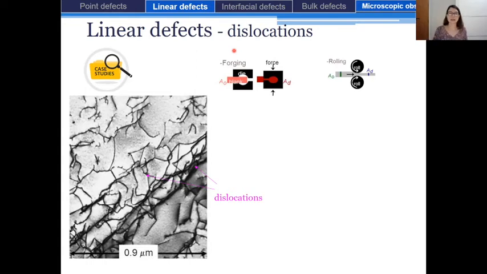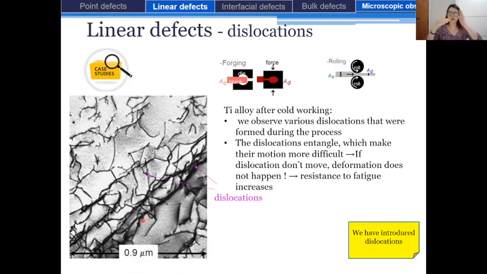Okay, and in that case, it is a titanium alloy that has been cold worked, and we observe a lot of black lines in this material, and these black lines correspond to dislocations. And you can see that in some areas, these lines entangle, okay? They encounter one another.